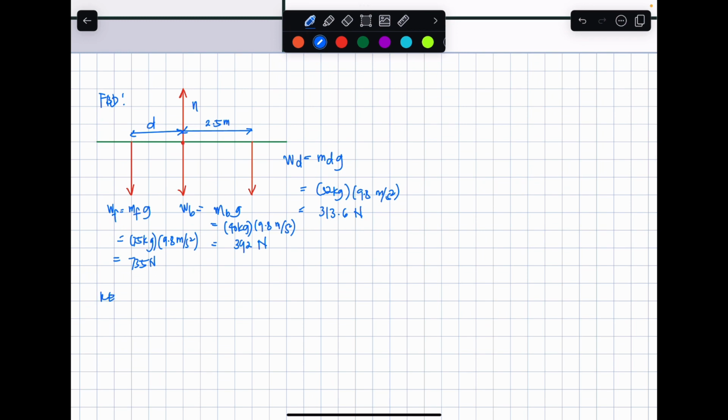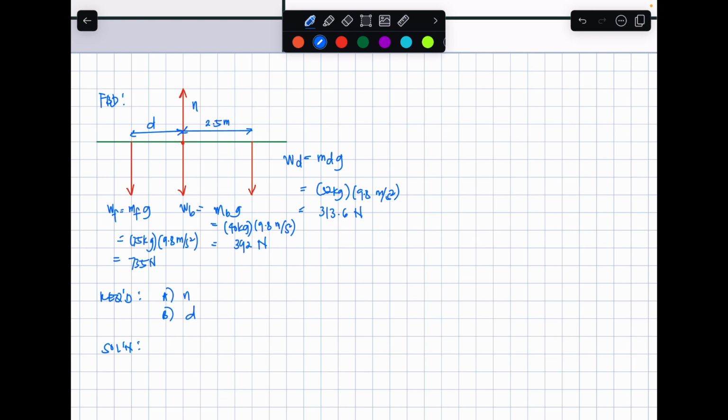So for our requirement, we are to find the N and then the distance as well, where the father would sit to make this one balance.